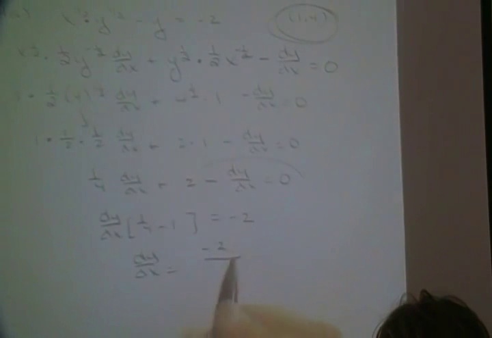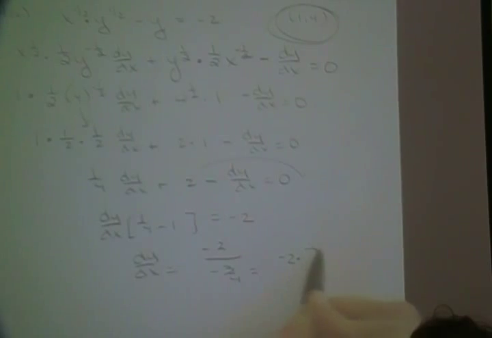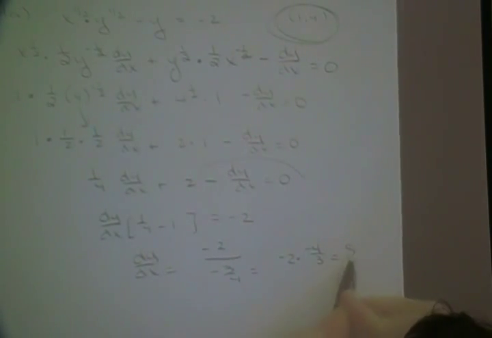And I can move the 2 to the other side, and I can factor the dy/dx out of what's on the left, and I get 1/4 minus 1. So dy/dx is -2 over -3/4, or -2 times -4/3, which is 8/3.